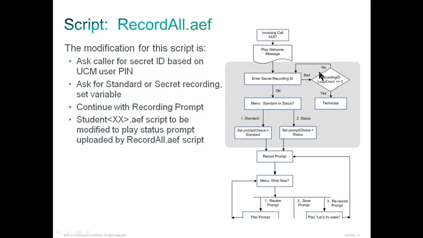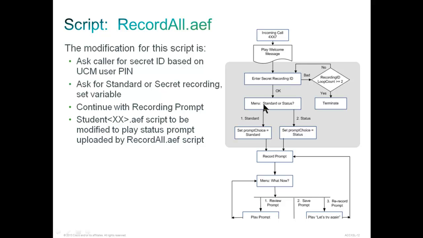So the gray area here has been added to our record prompt script, and here we've asked for a secret recording ID, and we've embedded into this script the ability to go in and get a PIN out of the call manager, and therefore the user of this application doesn't even know what the PIN is.